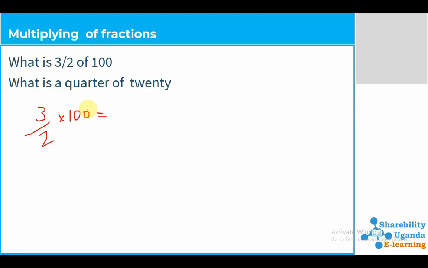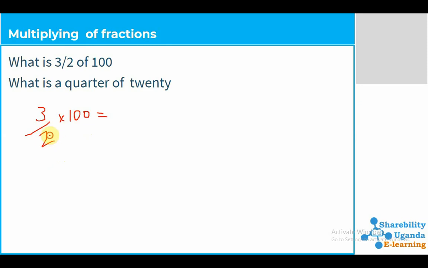So we said we can make 100 a fraction, then we directly multiply. Or we can use this one as a common factor. If 2 can divide 100 and goes into it, then you can also use it.